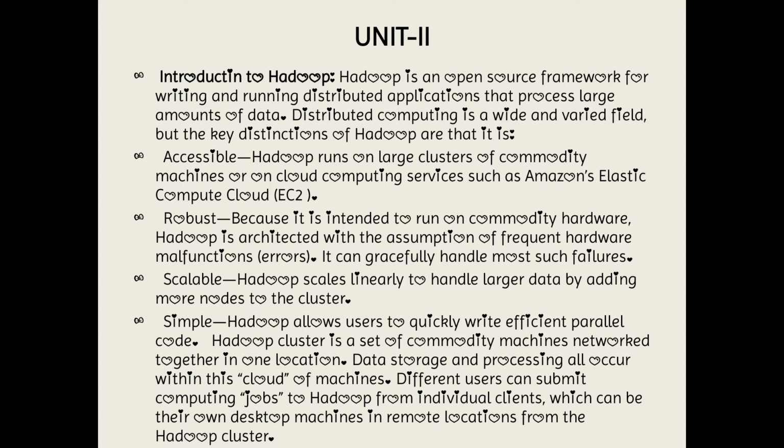And next, distributed computing is a wide and varied field, but the key distinctions of Hadoop are these four points. First, it is accessible. Accessible means Hadoop runs on large clusters of commodity machines or on cloud computing services such as Amazon's Elastic Compute Cloud, EC2. In the fifth semester you are going to learn about cloud computing.